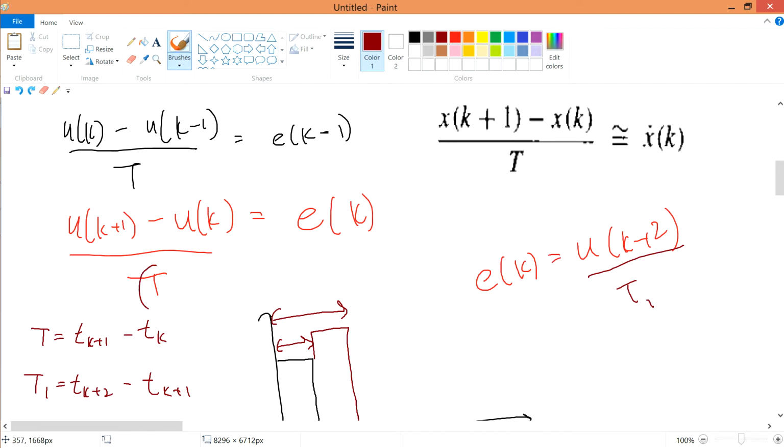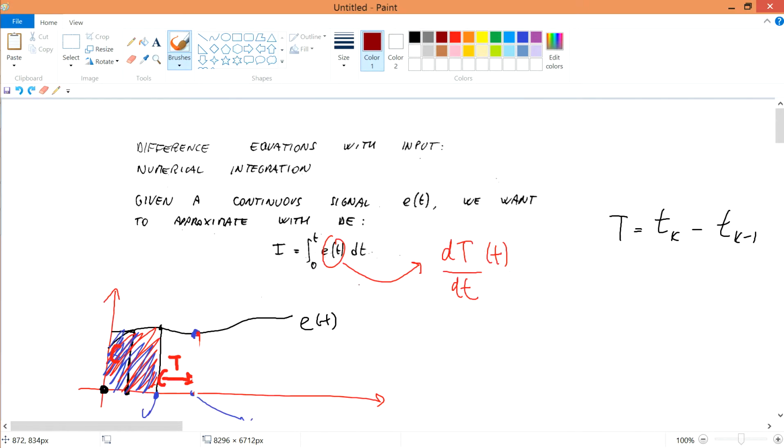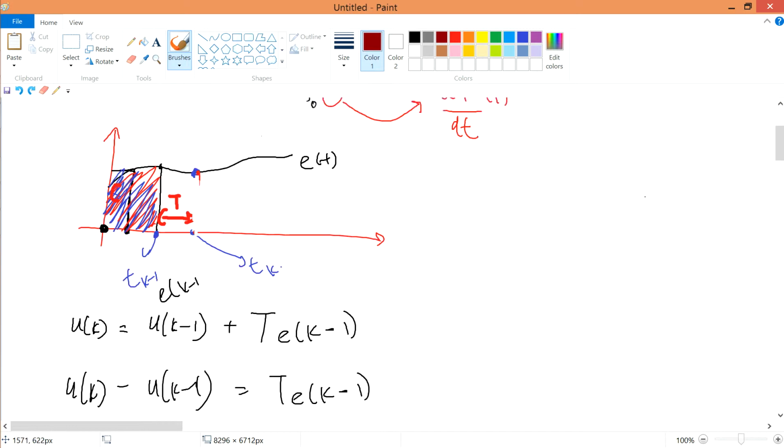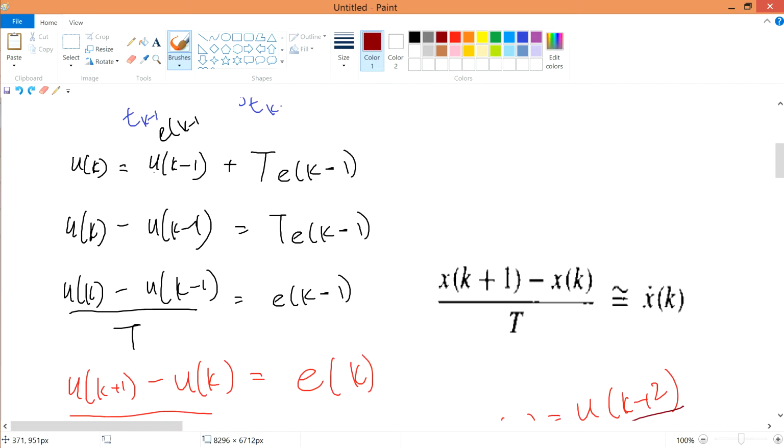Previously t is tk plus 1 minus tk. If you think about it, just now our t is equals to tk minus 1. However over here we say that the k, we can change to k plus 1, while the k minus 1 I can change to k. So likewise, the t over here at first was tk minus 1.